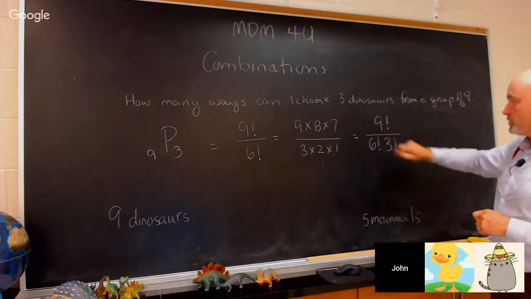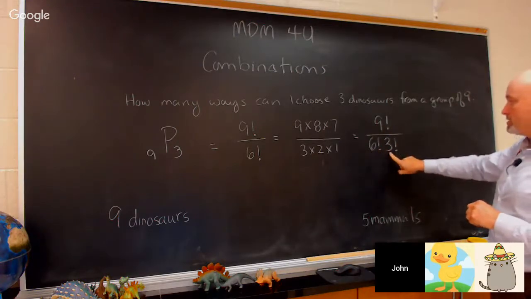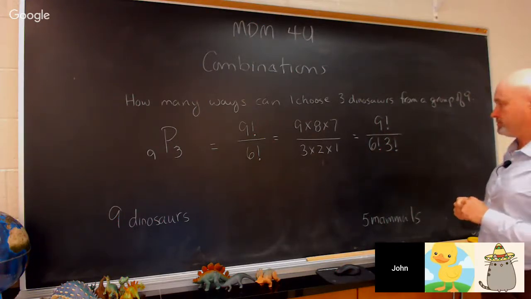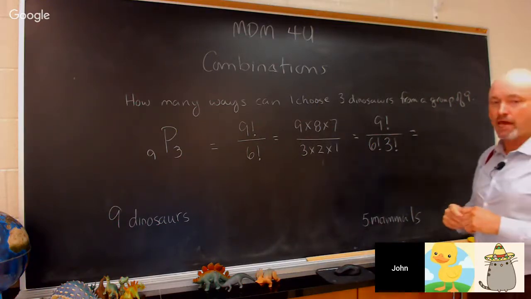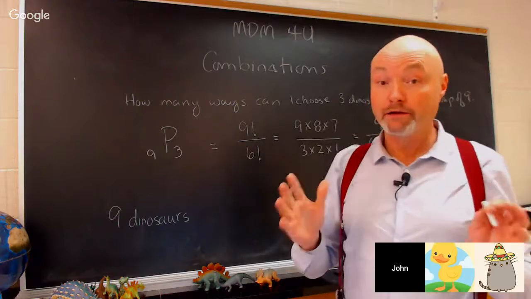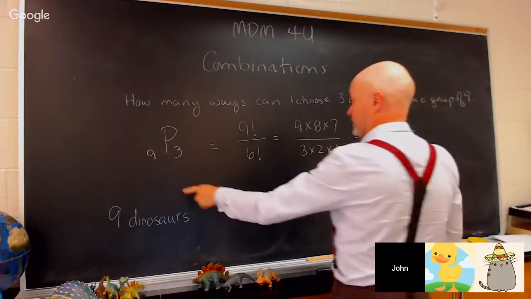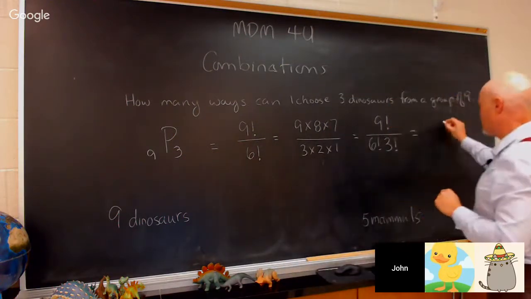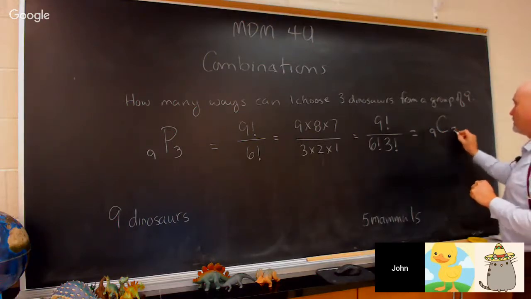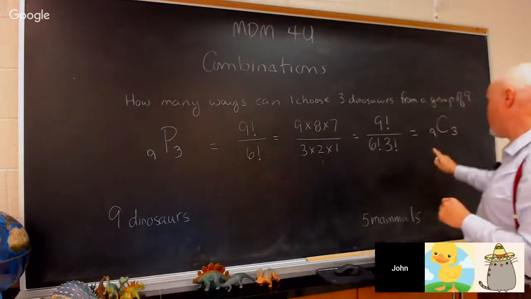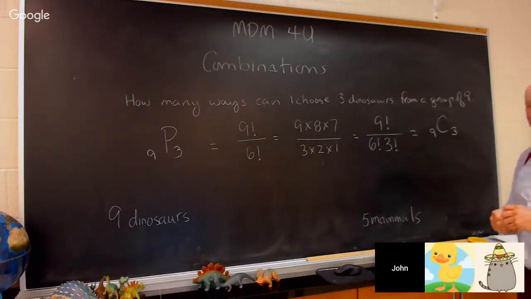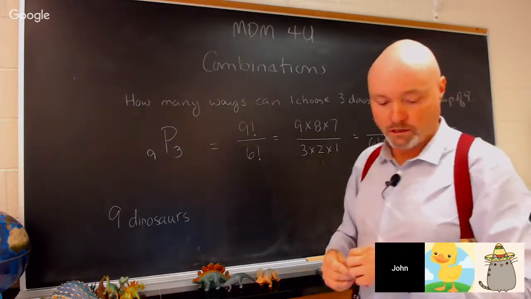Okay, so you notice the pattern here, 6 and 3 is 9. We express this in a slightly different way, and you'll see this on your calculator. Instead of 9P3, this is 9C3. So you have 9 things, choose 3 of them, and you don't care about order at all.